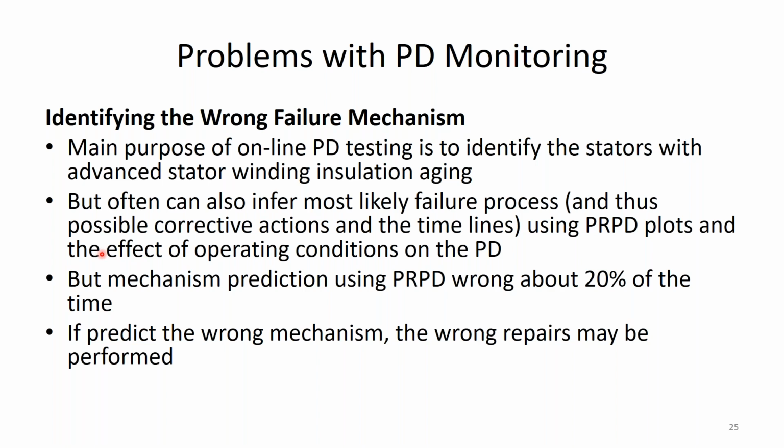But reality is what intervenes, and it's the condition of the winding, determined by visual inspection, that's the most important way of identifying the root cause. And of course, if you predict the wrong mechanism based on PRPD, then you might do the wrong repairs, or be prepared for the wrong repairs when you take your shutdown or your outage. So it causes real harm to the end user.